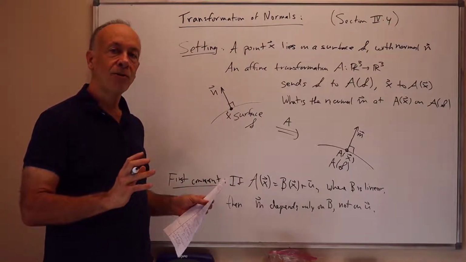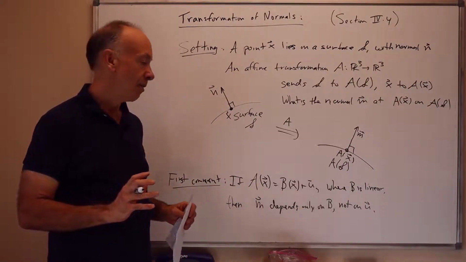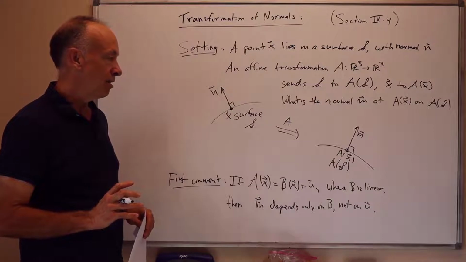In particular, the normals don't change at all when we do a translation. So if we translate by U, it doesn't change the normal.